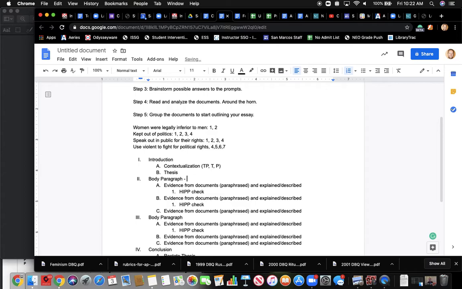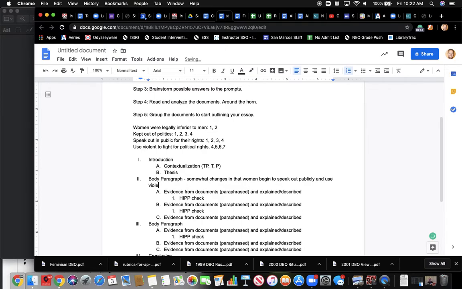So this first body paragraph says that it somewhat changes in that women begin to speak out publicly and use violence to fight for their rights. And when we say evidence from documents, I would then modify it to say, well, okay, here we go. Evidence from document 1, document 2, 3.